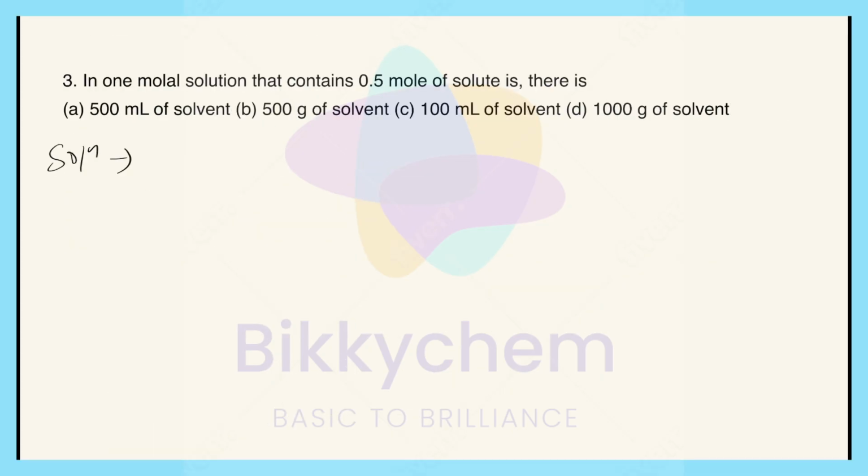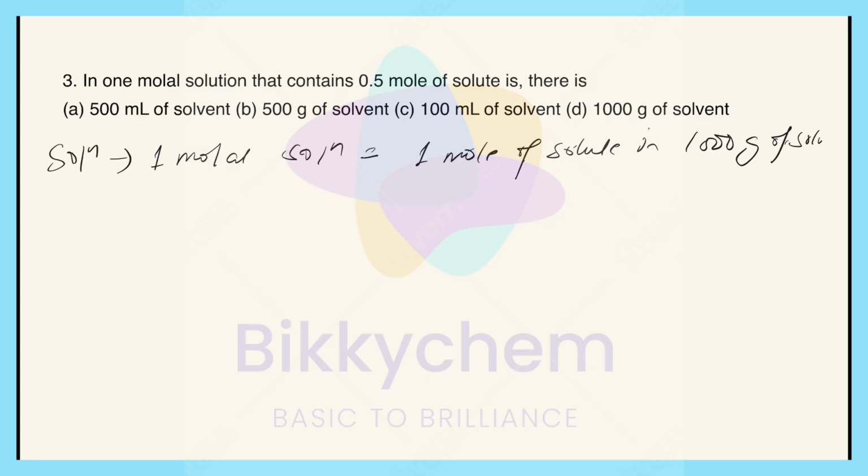Okay, let's take another question. According to the question, 0.5 mole of solute will have how much milliliter of solvent or gram of solvent. So you know that 1 molal solution means 1 mole of solute in 1000 gram of solvent.